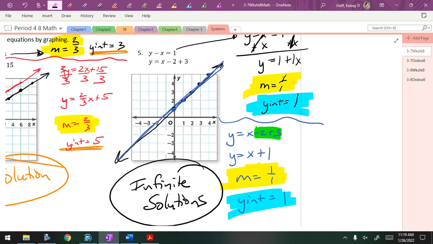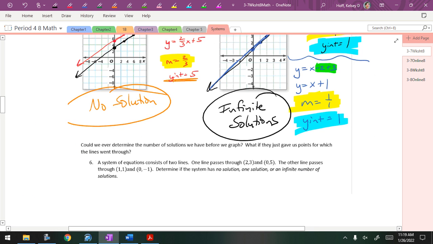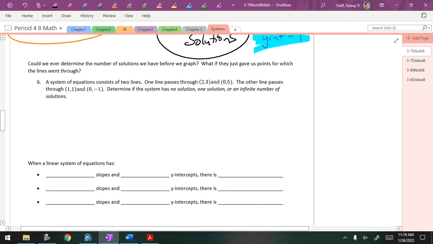What if they wanted to just know, is there one solution, infinite solutions, or no solutions, and all they gave you were the equations of the lines? They don't really want you to graph. I'm going to modify number 6. What if I gave you the equations 3x plus 2y equals 6 and y equals negative 1/2 x plus 5?